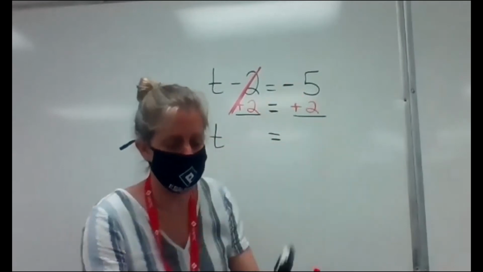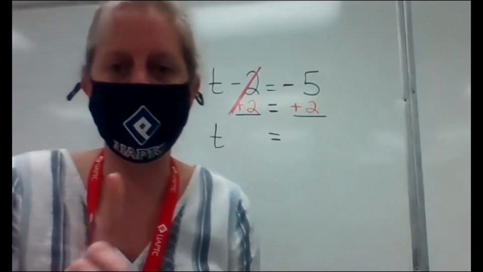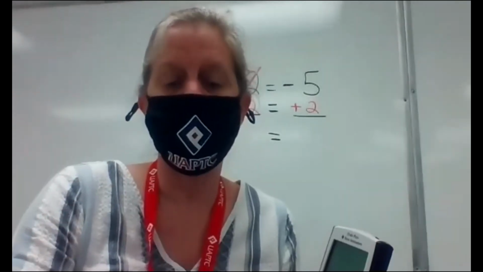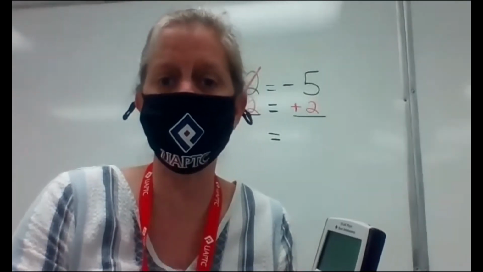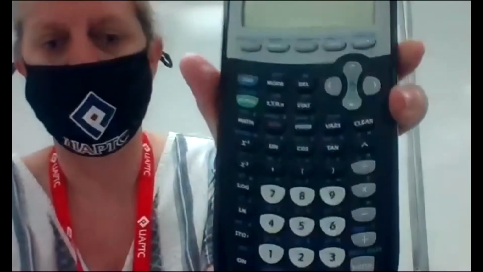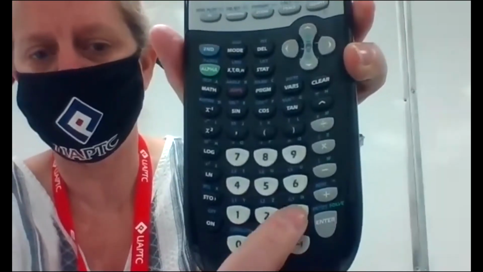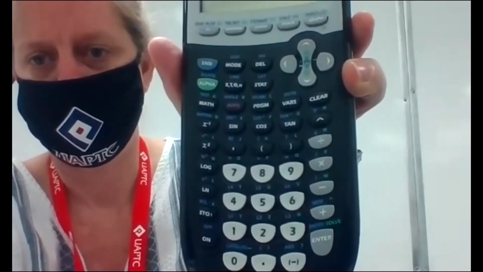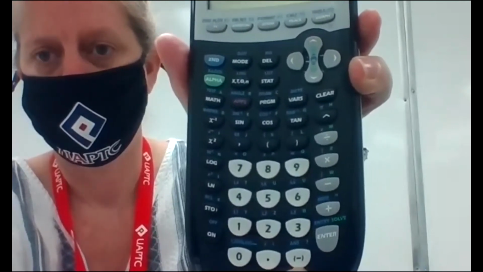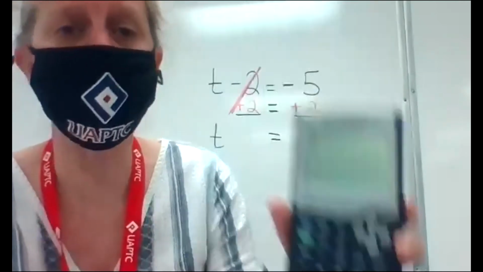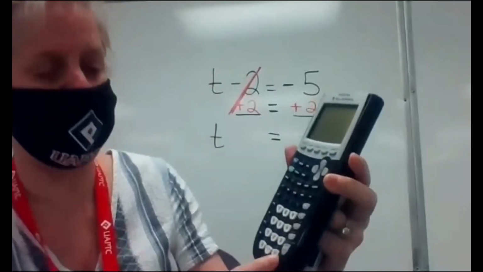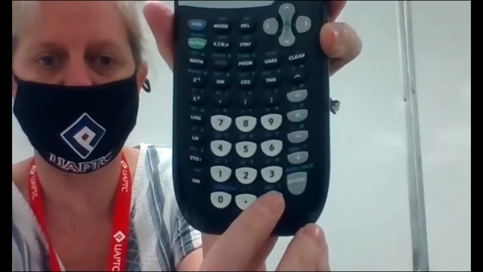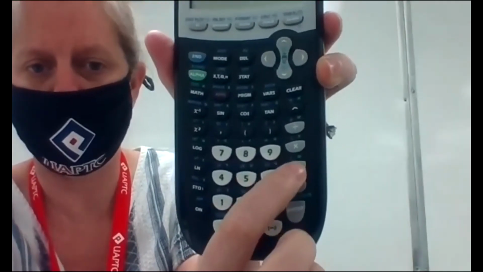So what you want to do, make sure when you're typing in negative, the minus button and the negative button are two different things, okay? The negative button is right underneath the 3. So when I want to type in negative 5, I need to make sure I hit this negative button, not the minus button.